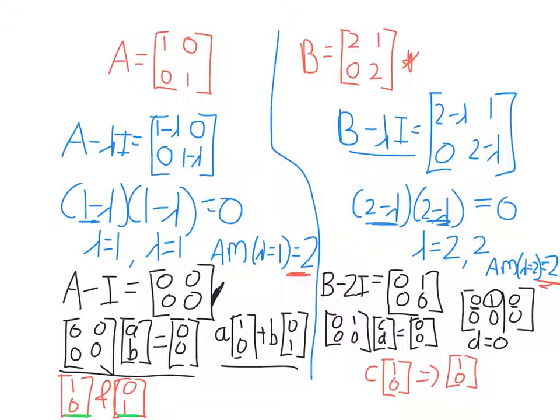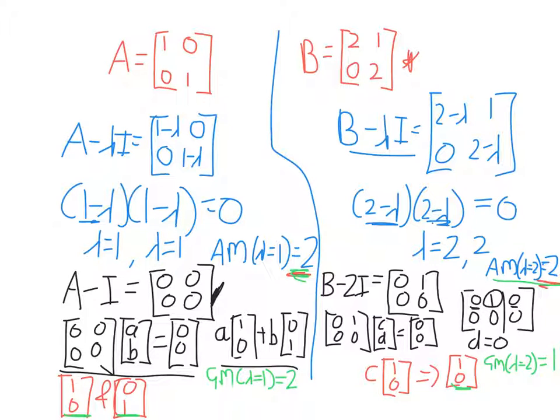So, because there are two linearly independent eigenvectors associated with this eigenvalue, the geometric multiplicity of lambda equals 1 is also 2. But if we look at B, you'll see there's only one linearly independent eigenvector associated with the eigenvalue. So here, the algebraic multiplicity was 2, but the geometric multiplicity of this eigenvalue is 1.